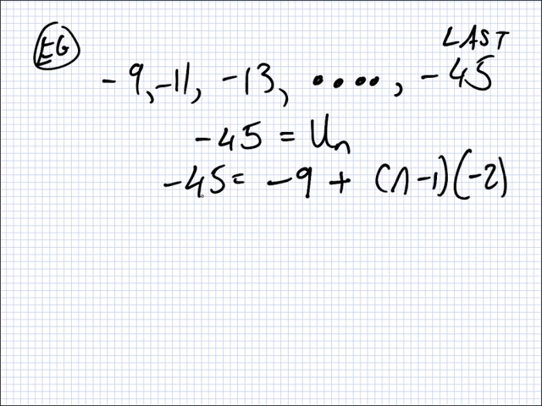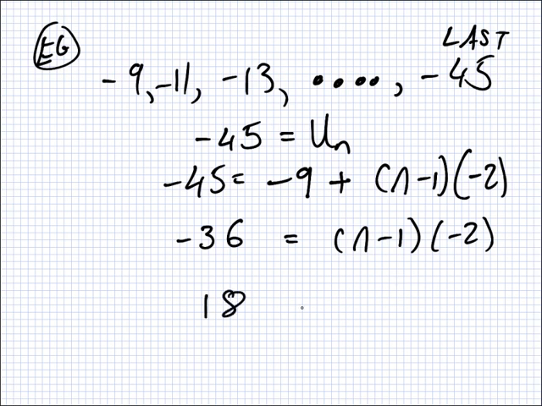Take the 9 to the left and you get -36 equals n minus 1 times -2. Divide by -2 and I get 18 equals n minus 1. So therefore, n is 19. So this is the 19th term, meaning there must have been 19 terms. Okay, so write that one down.